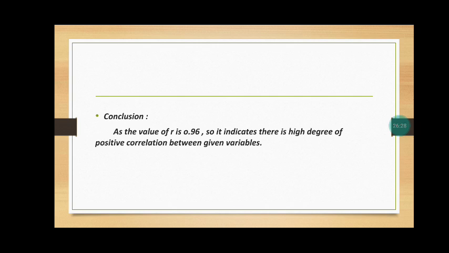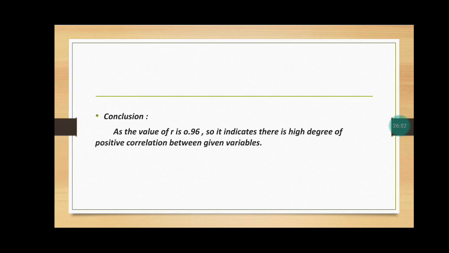Okay, so here we can see that the coefficient of correlation is 0.96, which is more than 0.75. Okay, and it is a positive number. So here we will say that as the value of R is 0.96, it indicates that there is a high degree of positive correlation between given variables.